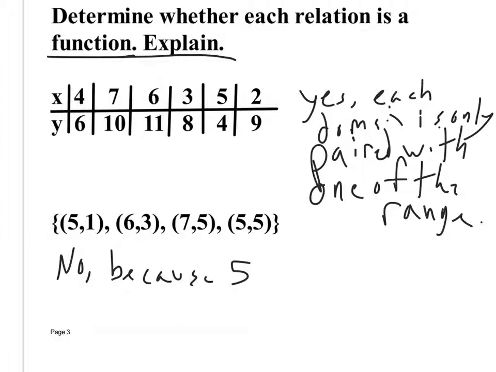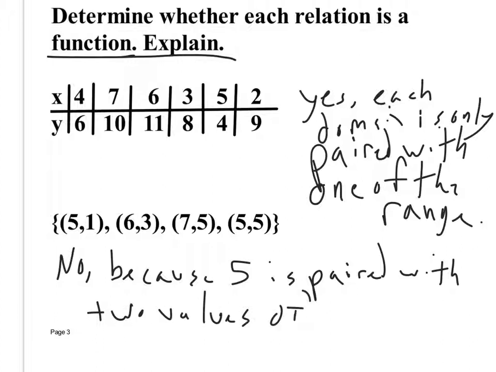It is not paired with one range. Because 5 is paired with 2 values of the range. Alright, as long as you're trying to explain something like that, I will take it.